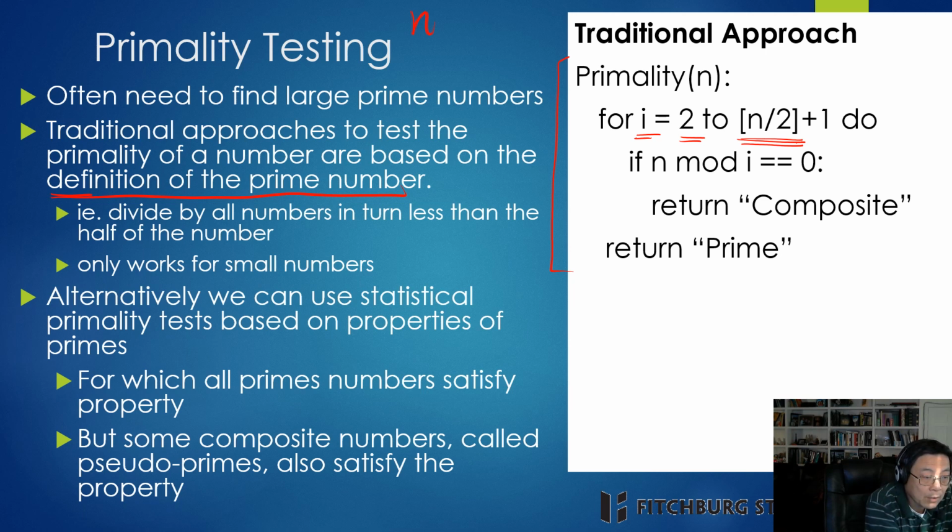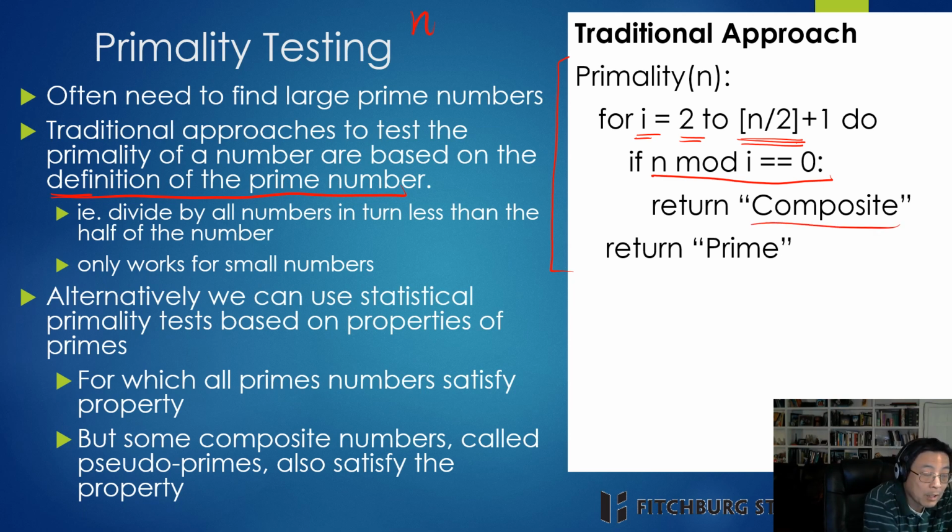If n modulo i is 0, that means n divided by i leaves a remainder of 0, so i divides n. Then n can be divided by i, which is smaller than n, so n is not a prime number. So we return composite.